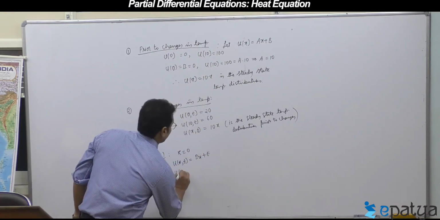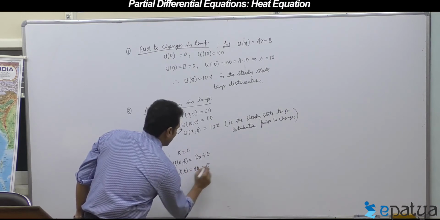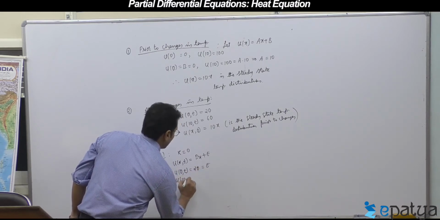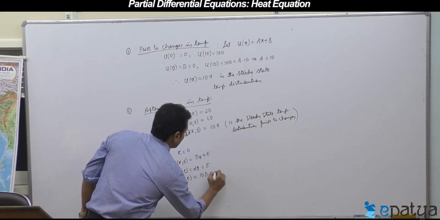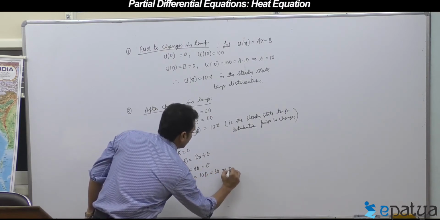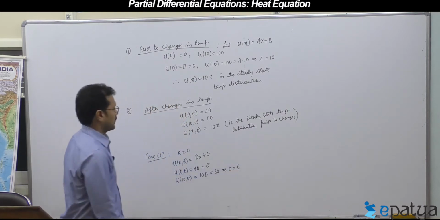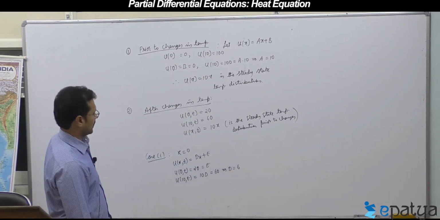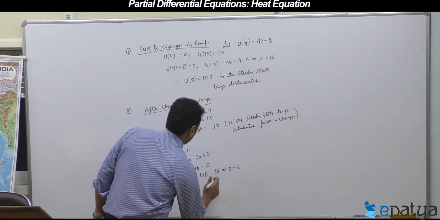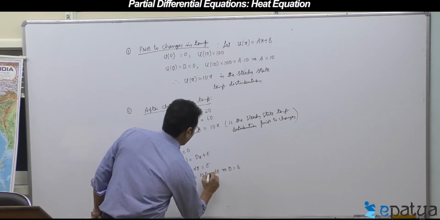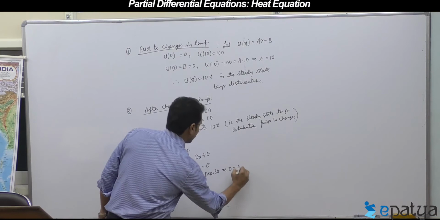Now u of 0 comma t is 20, which is equal to e. U of 10 comma t equal to 10d plus 20 equal to 60. Therefore, d equal to 4.